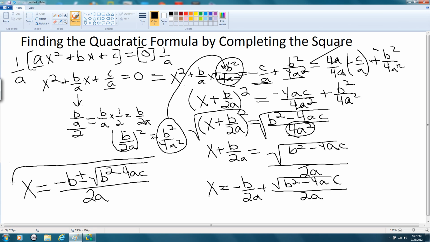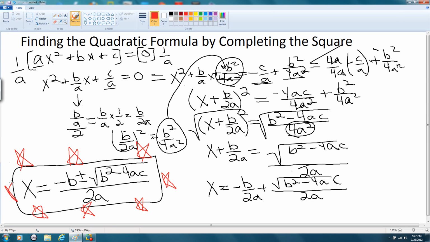And voila, we now have the quadratic formula, and that is something you should commit to memory for the rest of your life. So x is equal to the opposite of b, or negative b, but we don't know what b is, so we say the opposite of b.